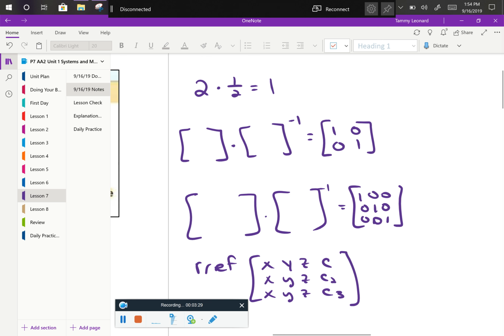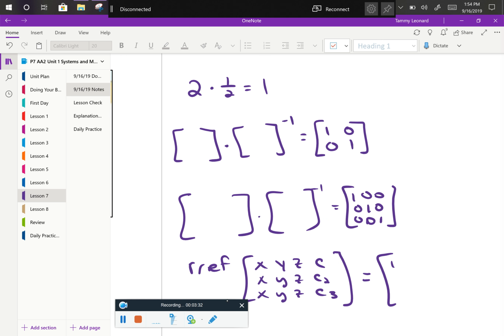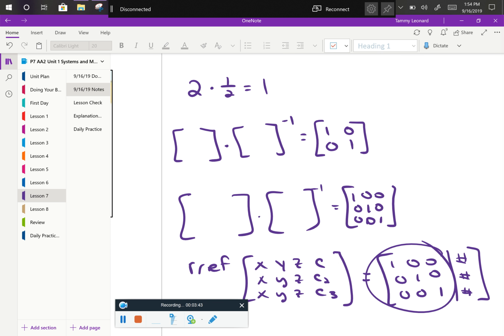Yeah? And you would get the identity matrix and then some numbers, right? So this part here was the identity matrix with a constant matrix attached to it. Are we okay? Yes, okay.